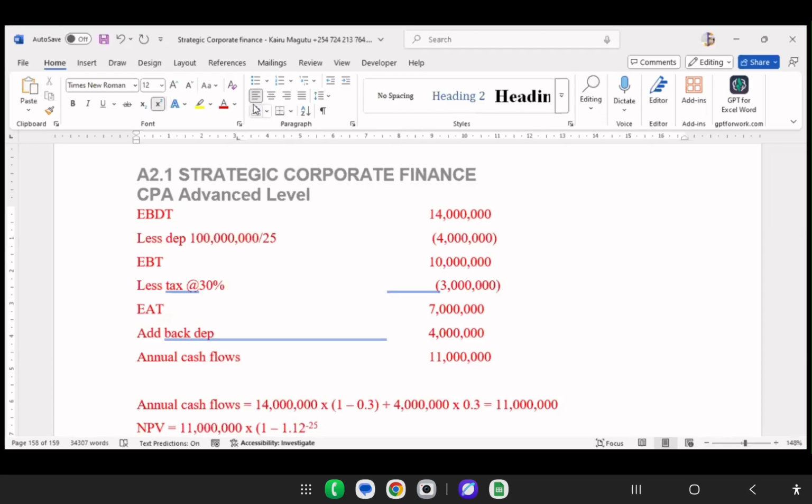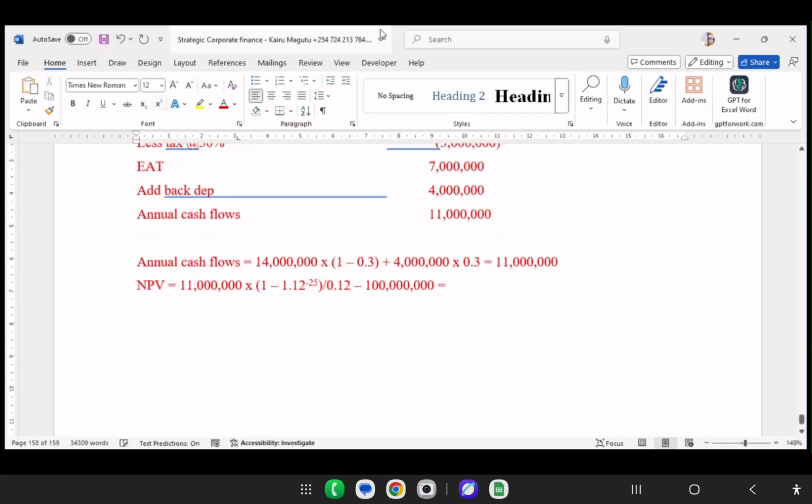Then from there, you divide by 0.12. That should give us the present value of the annual cash flows. There is no salvage value, so we minus the initial capital. Actually, there is nothing else. We don't have the salvage value. I believe that is the right way to go about it.